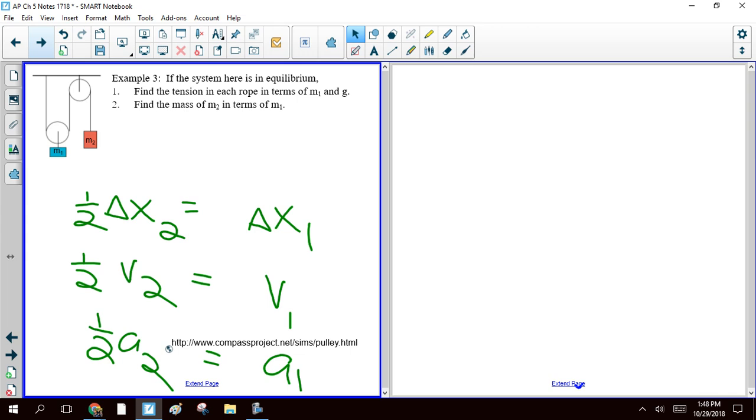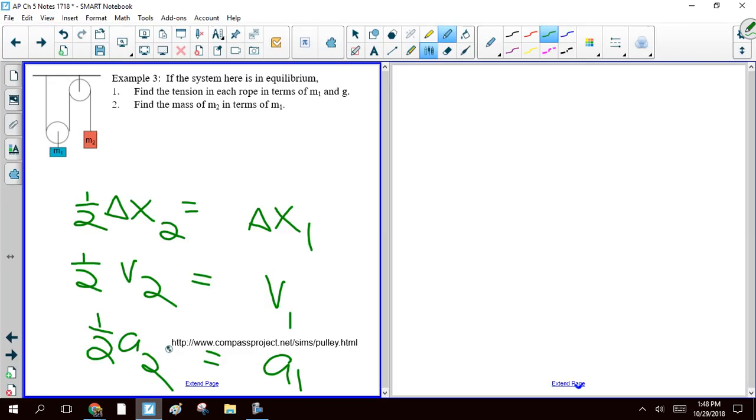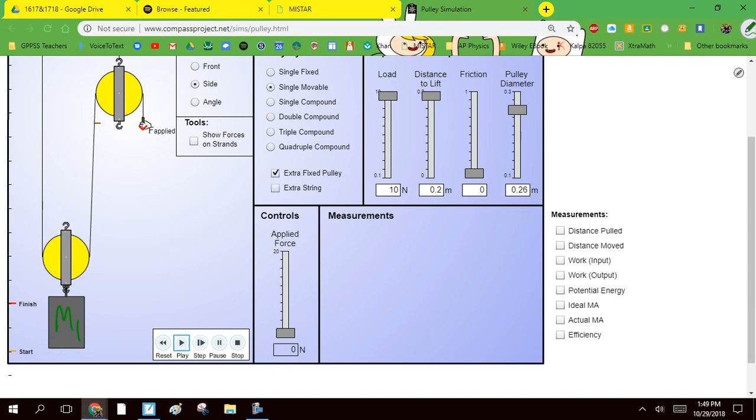And to do that, I'm going to jump over to this simulation. So here we go again. We've got our M1 here, and over here we've just got this hand, which corresponds with our M2.